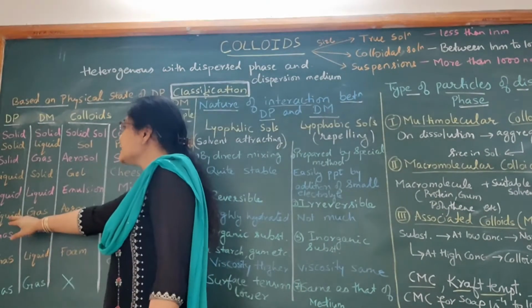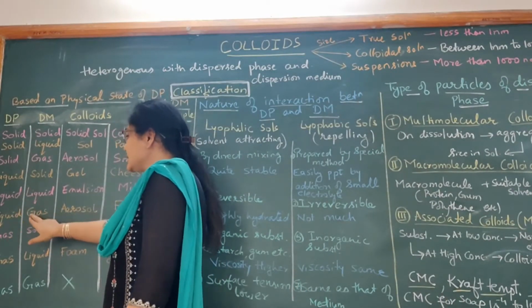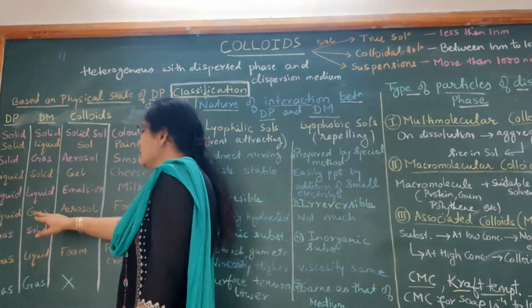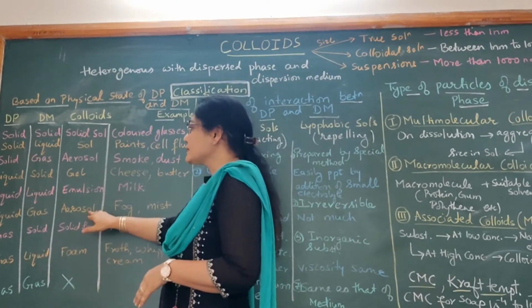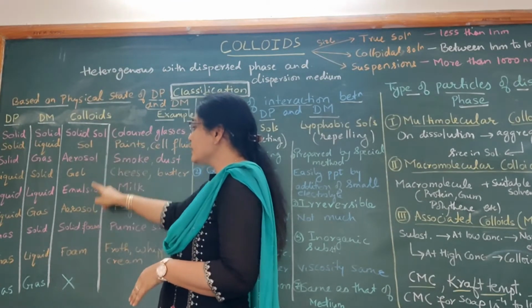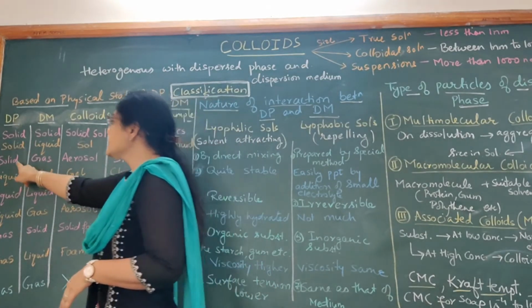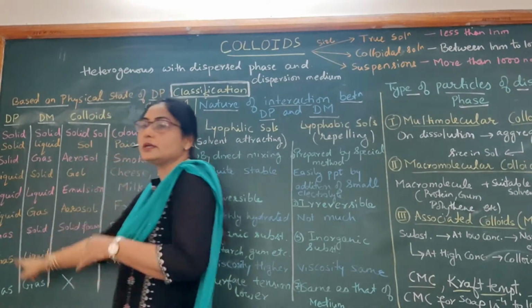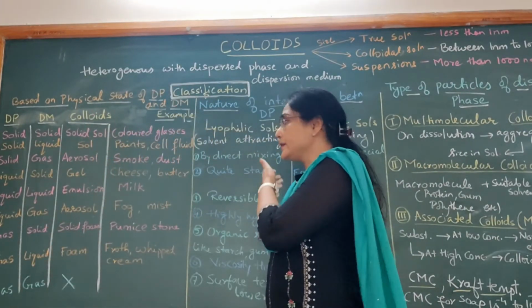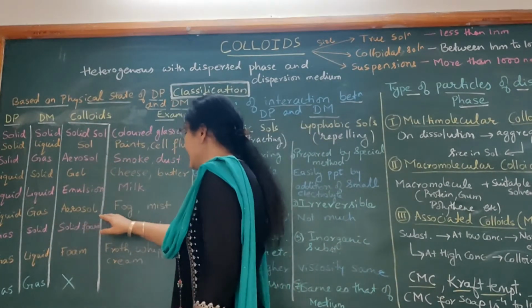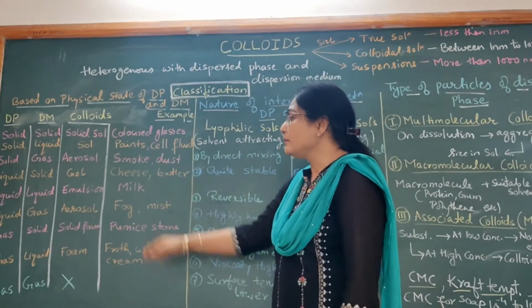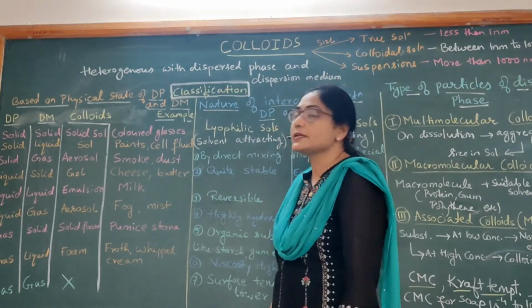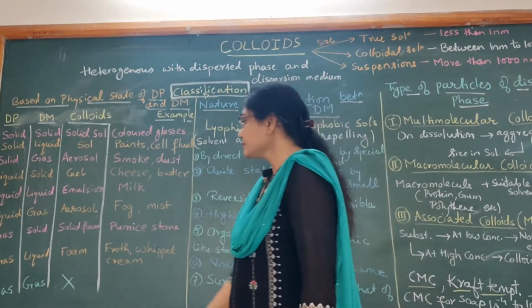Now, another is dispersed phase can be liquid, dispersion medium can be gas. This type of colloids are known as aerosols. The only difference between these two colloids is that here the dispersed phase is solid and here the dispersed phase is liquid. Examples are fog and mist, aerosols in which the dispersed phase is liquid.